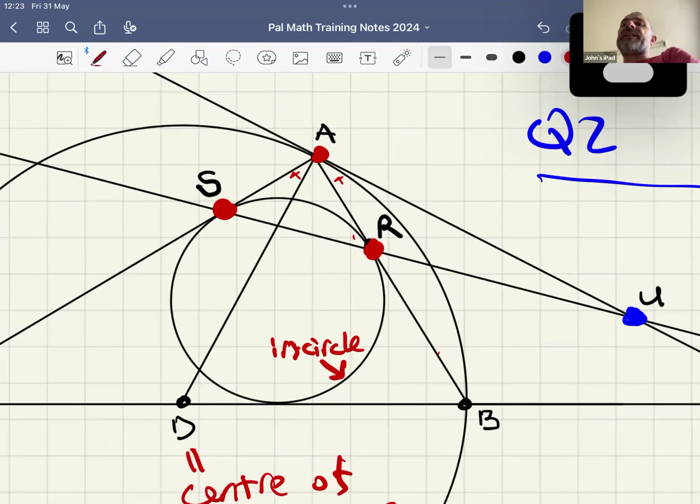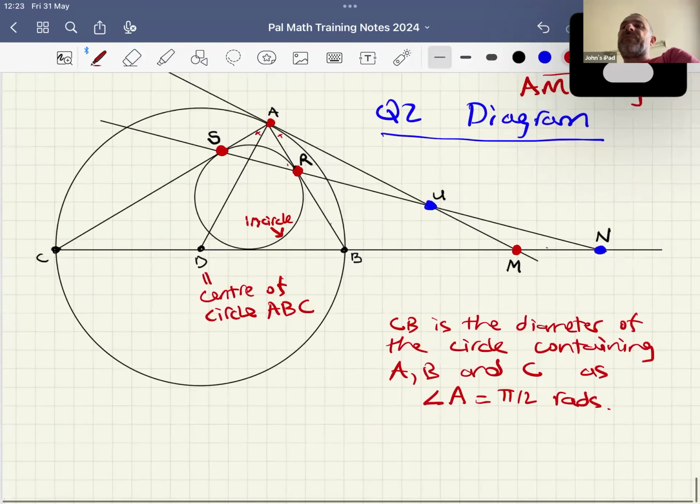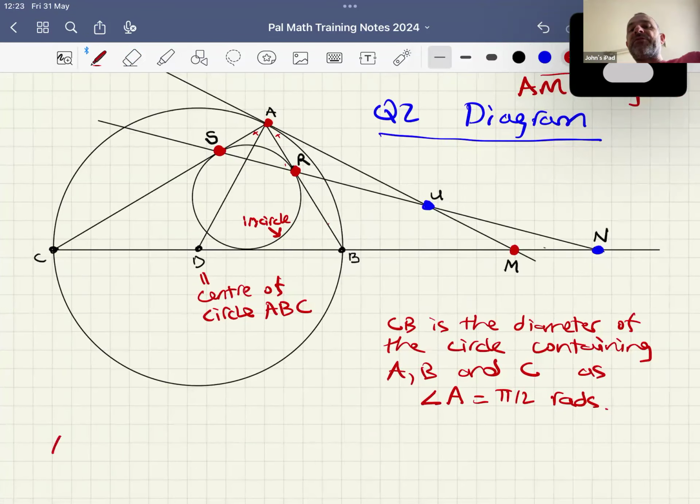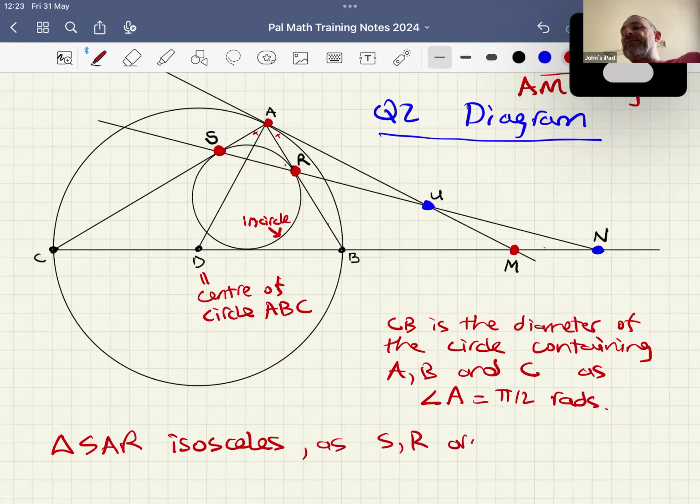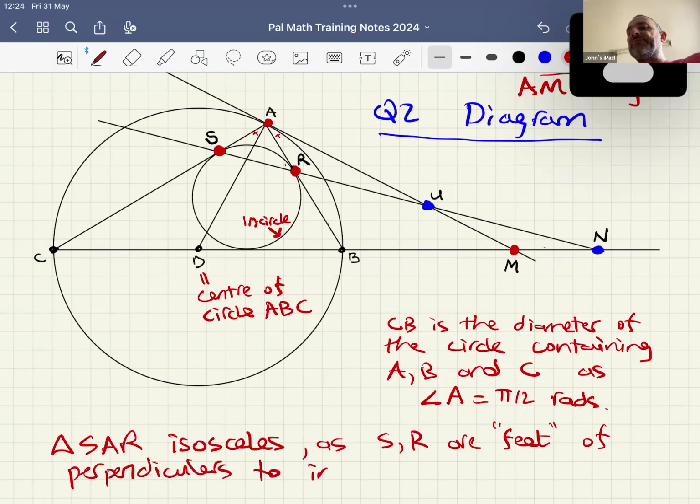But I also know that SAR is isosceles. So triangle SAR is isosceles as S and R are the feet of the perpendiculars to the in-center of triangle ABC.